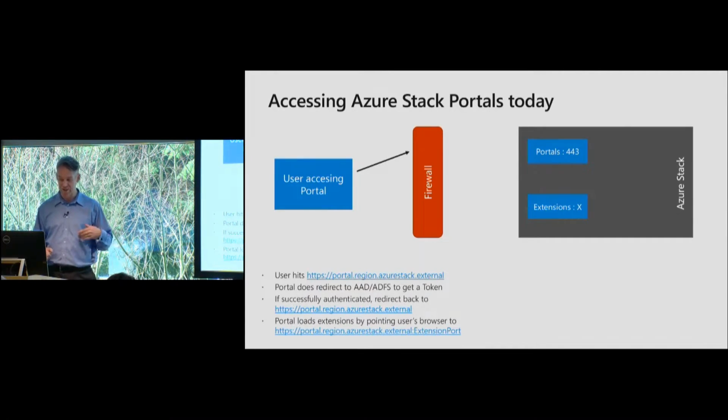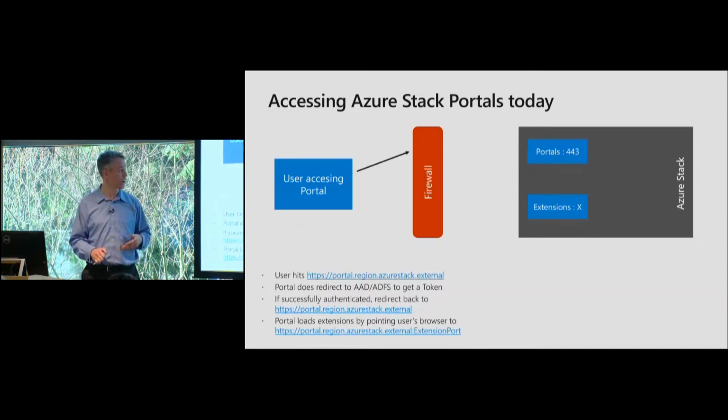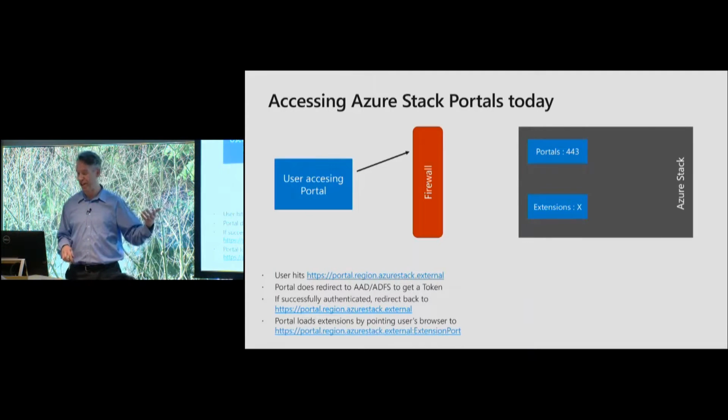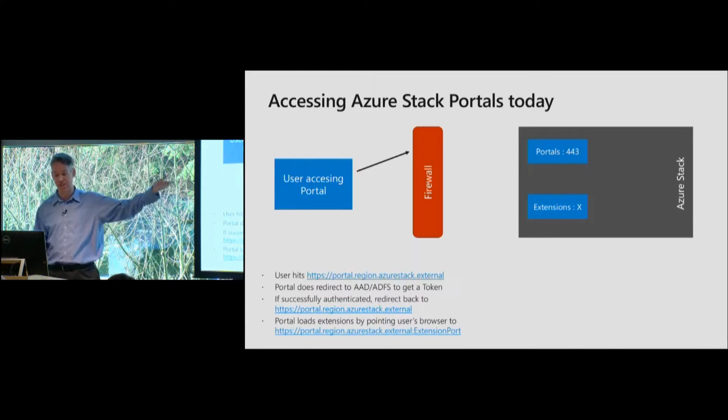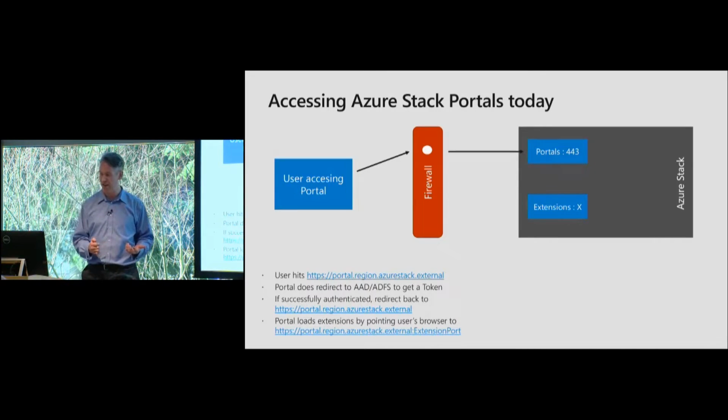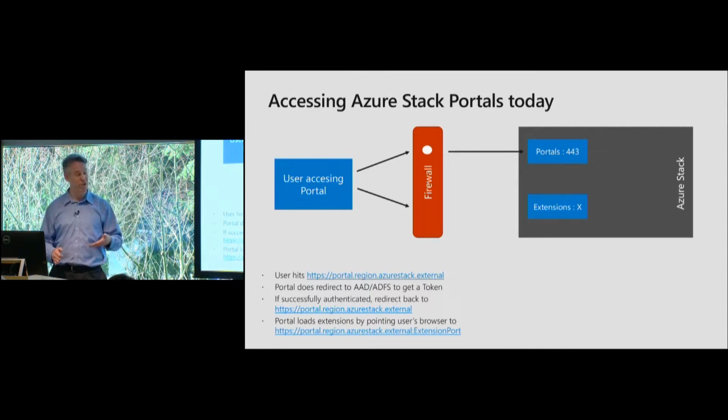Then, depending on what you're trying to do when talking to that Azure Stack instance, there will be a number of other services which are extensions to the endpoint. They all run on different ports. So the user talks to the portal on port 443, which is the default, gets authenticated, then gets redirected to go back and talk to one of those extensions.